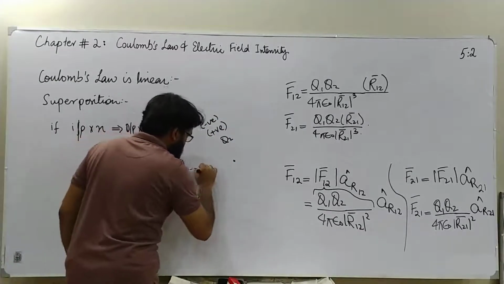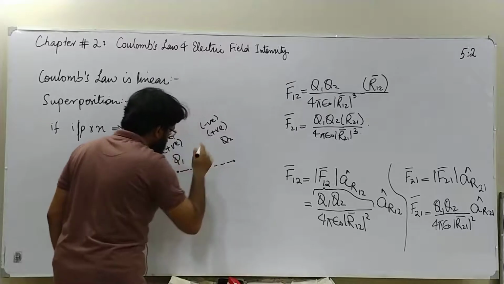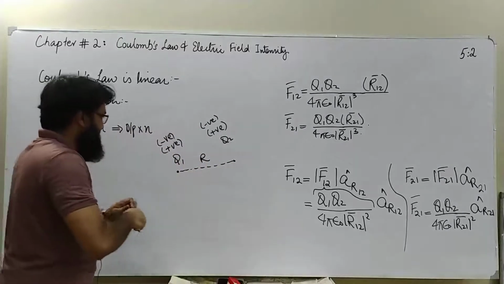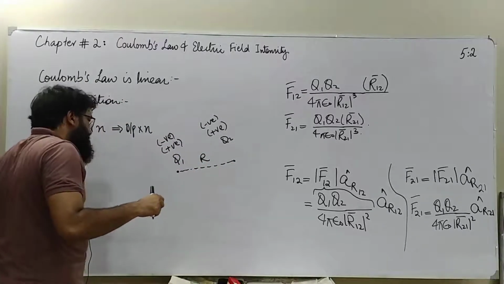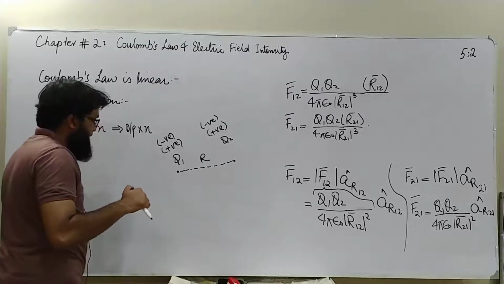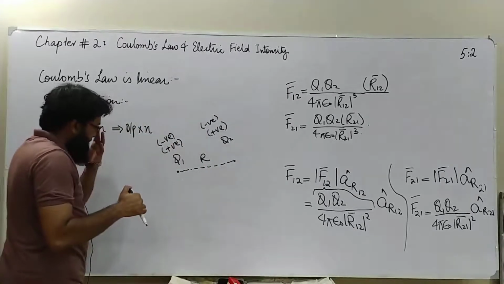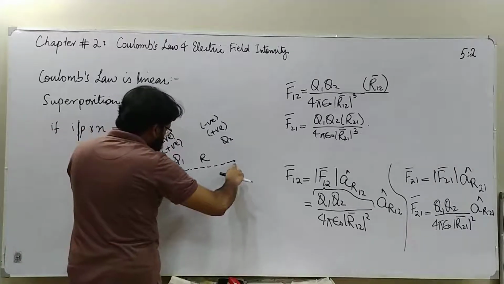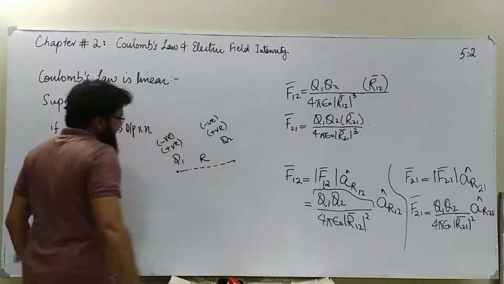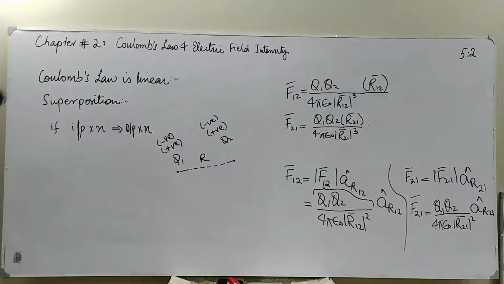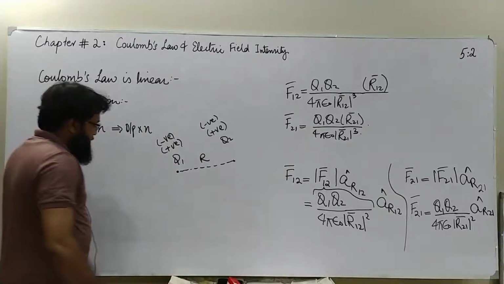So the line joining these two is given by R, whether R12 or R21, depending on the question or the point at which we want to evaluate the force. That's clear that both the point charges will repel each other, and the force of repulsion will be acting along the line joining the two point charges.